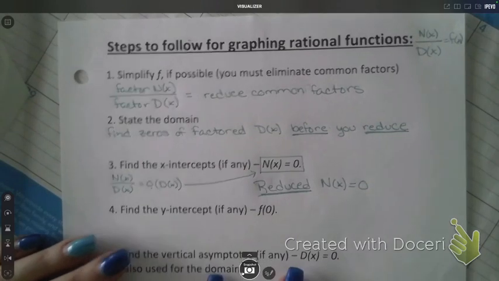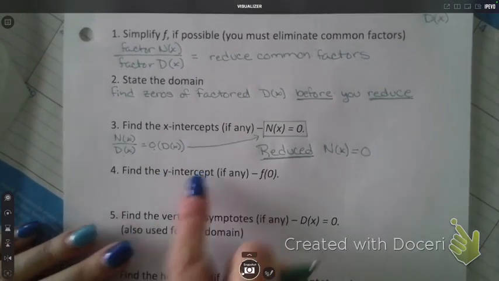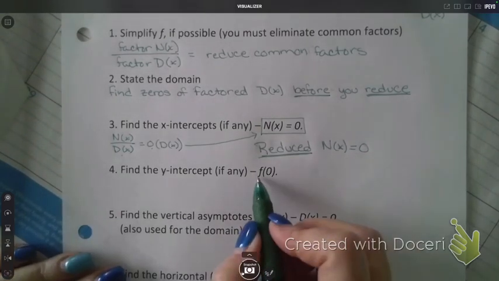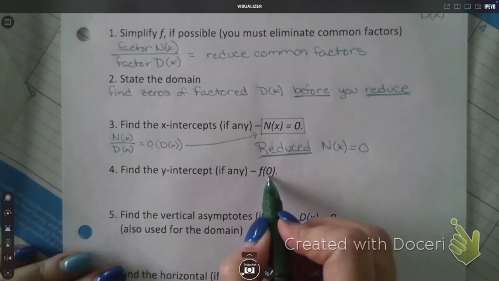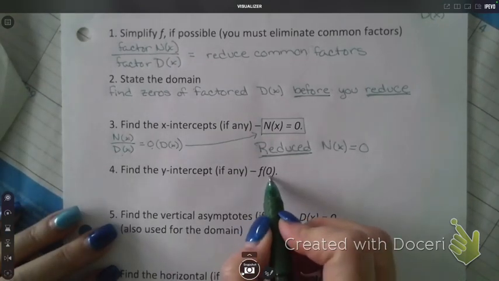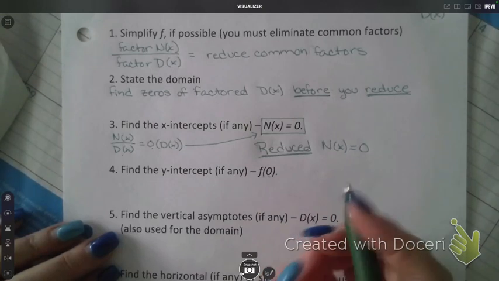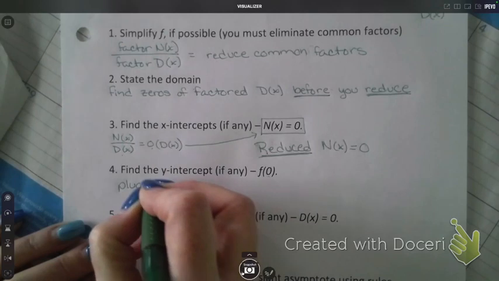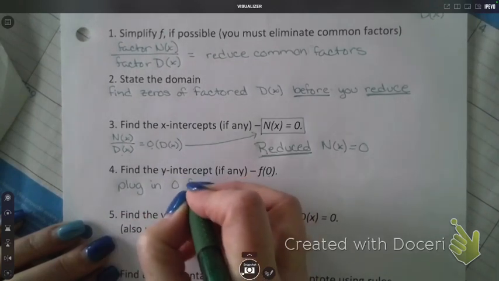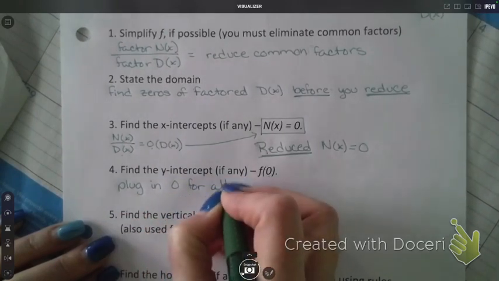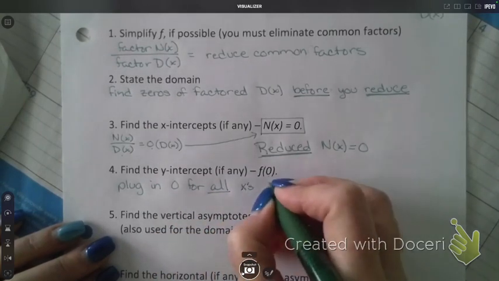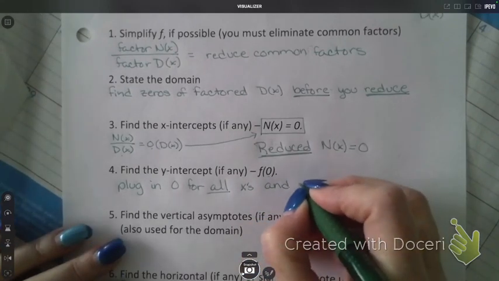Then it says find the y-intercept. How do you find what the x value is on a y-intercept, no matter the function? 0. So it says f of 0. What does it mean to do f of 0? Plug in zeros. So plug in 0 for all x's and solve.